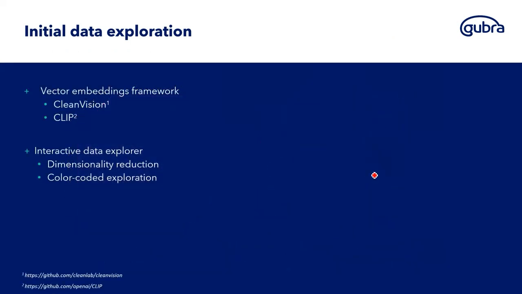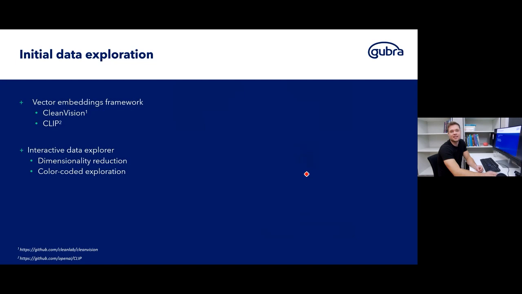We have built a vector embedding framework where we utilize some pre-trained AI models to help in our exploration. We use Clean Vision, which is a tool to find low-quality images in your dataset. Low-quality images in this case can be images that are very dark, blurry images, or images in general with low information.